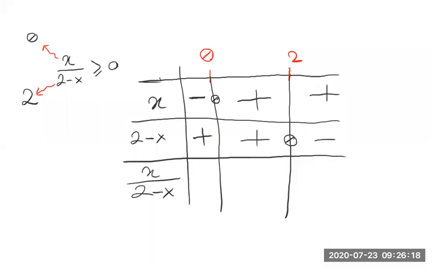Now, what happens in the first section? Well, if x is negative and 2 minus x is positive, the fraction x over 2 minus x would be negative over positive. It's just like multiplication. Negative times positive is negative. If x is 0, 0 divided by anything is 0. So it would be 0 here.